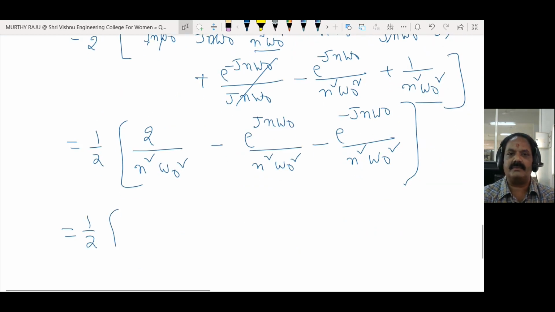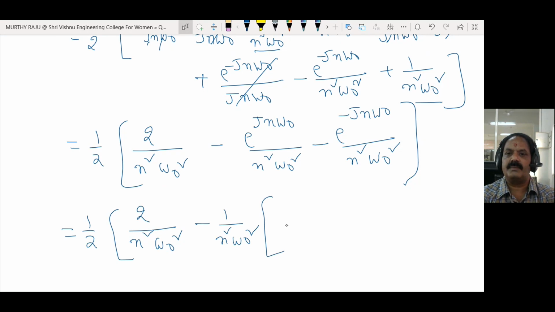That is equal to 1 by 2 into 2 by n square omega naught square minus 1 by n square omega naught square into e power j n omega naught plus e power minus j n omega naught.